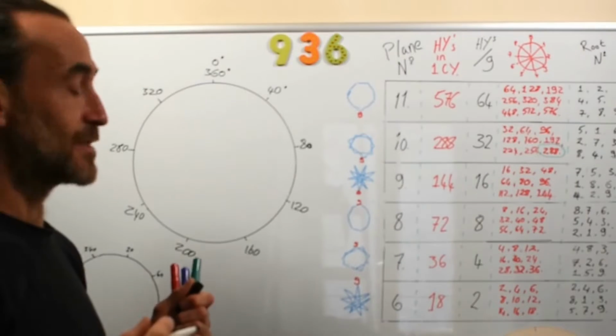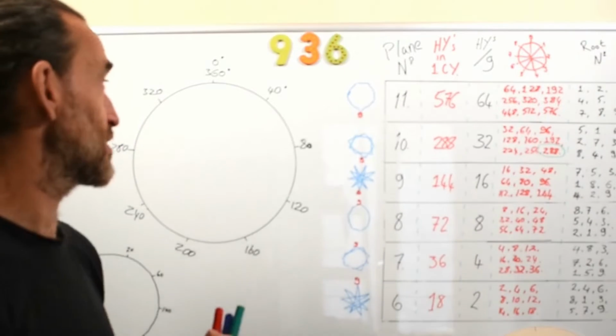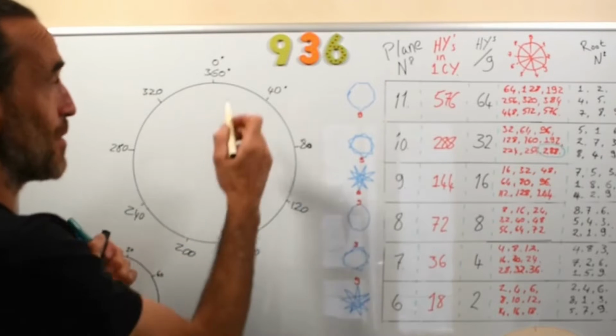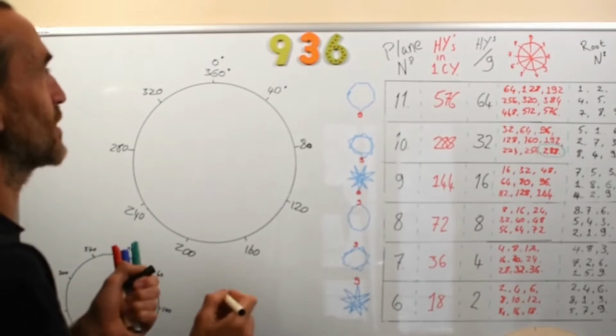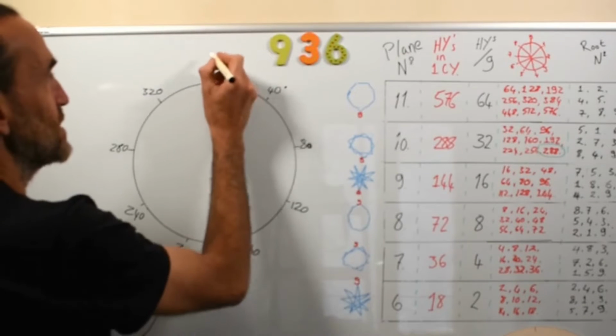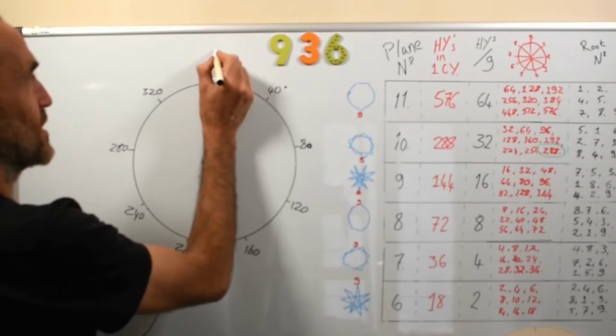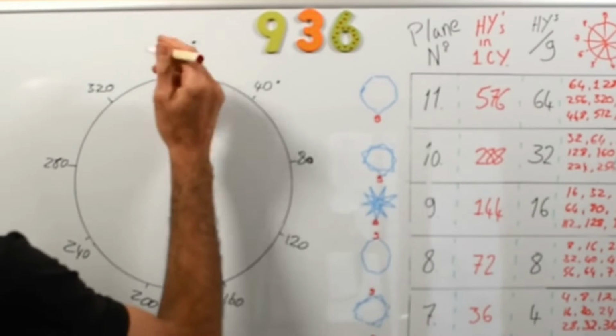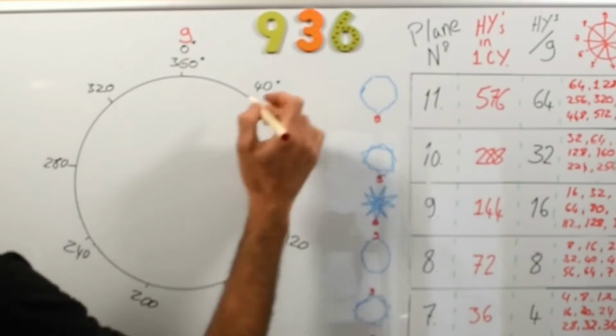So if we did a dot-to-dot drawing based solely on the amount of degrees, what would that look like? Let's reduce this down with the 360. This turns into a 9, 3 plus 6 equals 9.